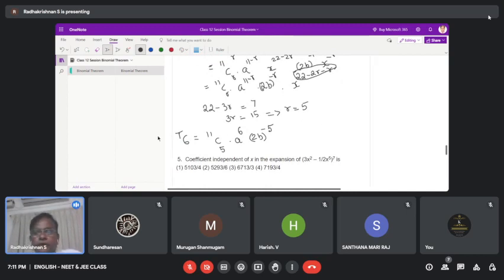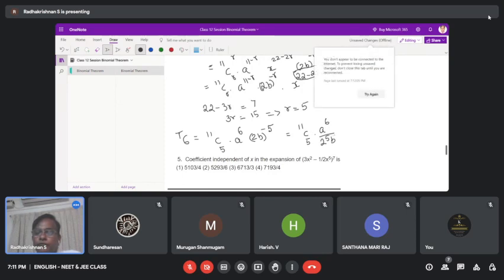Maybe we can simplify this a little bit. 11C5, a to the power of 6 by 2 to the power of 5 b to the power of 5. 11C5 into 1 by 32 into a to the power of 6 by b to the power of 5. I am just simplifying, nothing else.